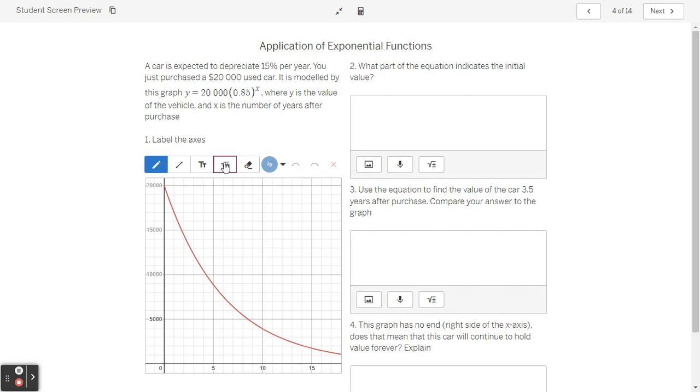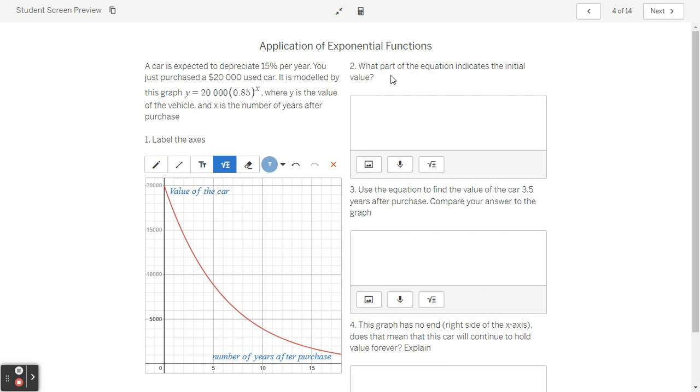Now let's label our axes of the graph so that we know what each one represents. The x-axis is the number of years after purchase. Our y-axis is the value of the car. Now, let's look at the equation.